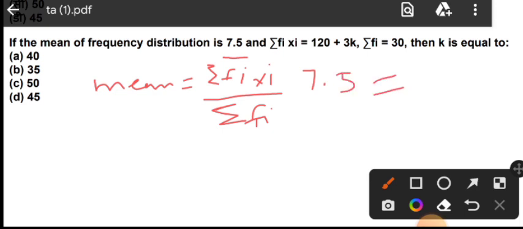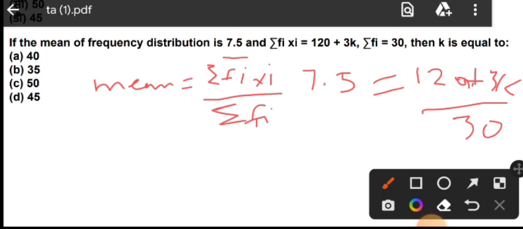Here the given value of sigma fixi is 120 plus 3k, you understand, and sigma fi is 30.